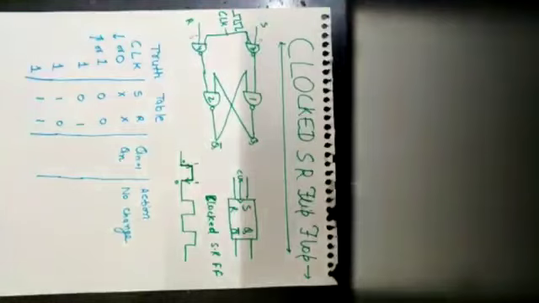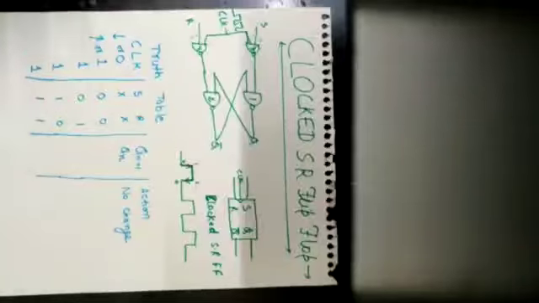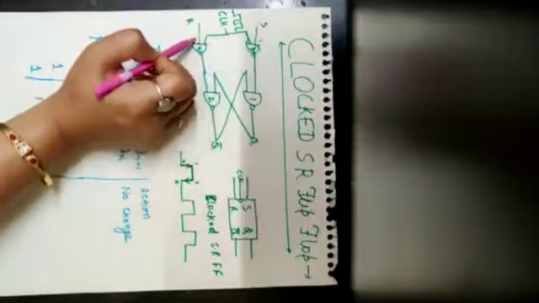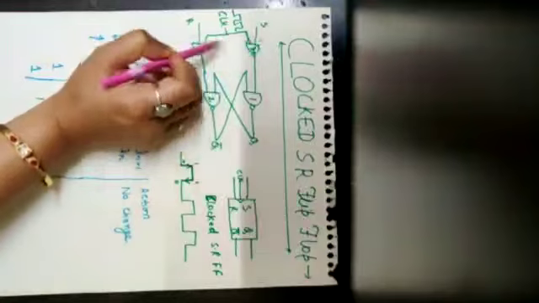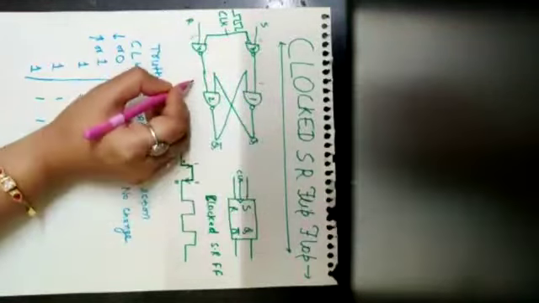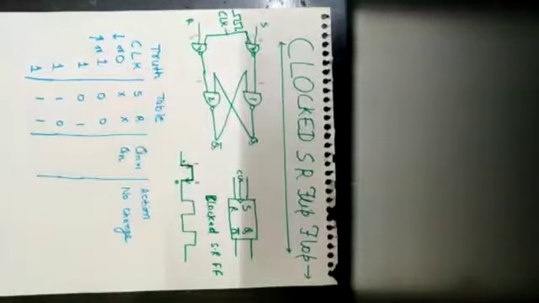According to the NAND truth table, if any of the inputs is 0, the output is 1. So the corresponding outputs are 1, 1.